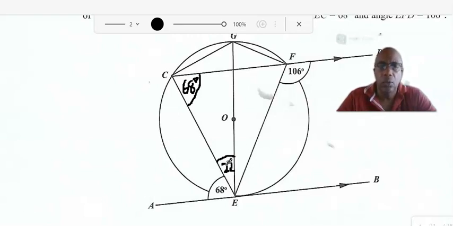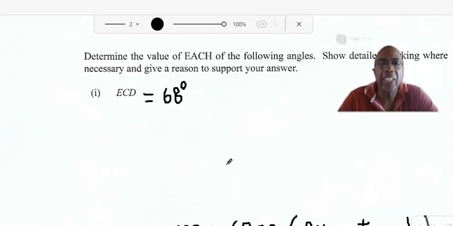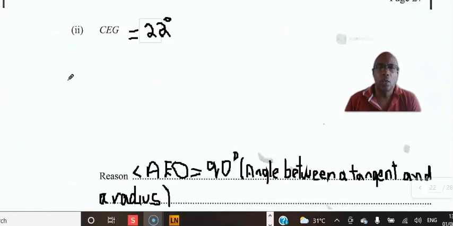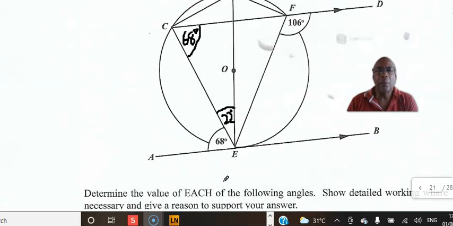So we go and write out the answer and the reason. So the reason, angle AEO equals 90 degrees, and the reason, angle between a tangent and a radius. So if we go back, we'll see it.